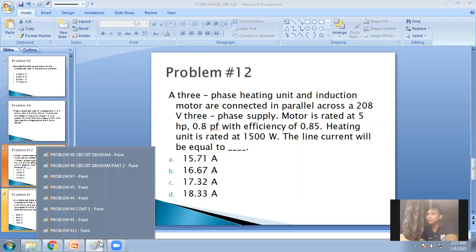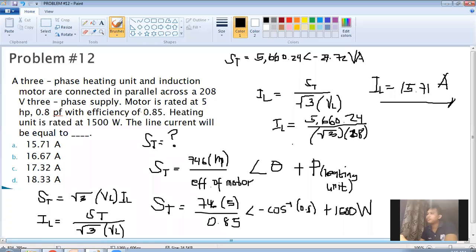So for our problem number 12, we're talking about the line current. The line current here is ST, the apparent power, all over square root of 3 times the line voltage VL.